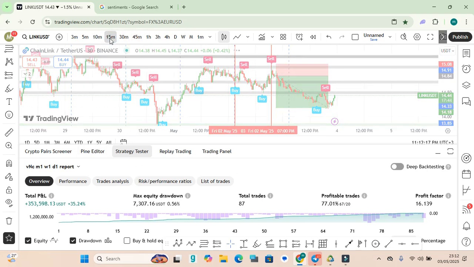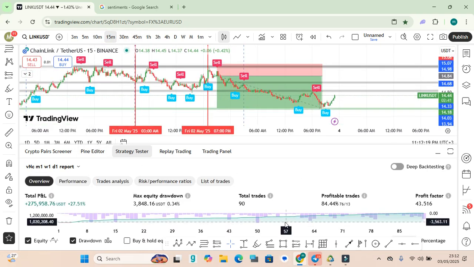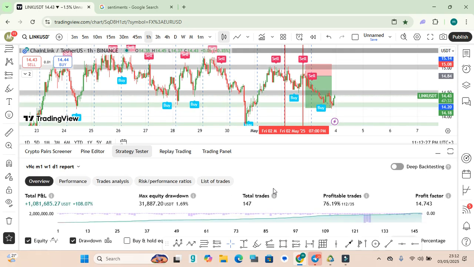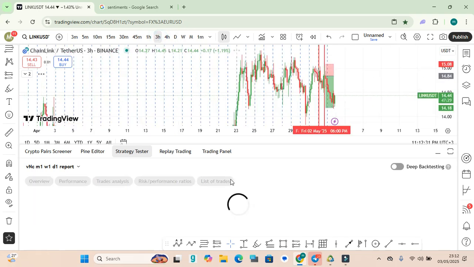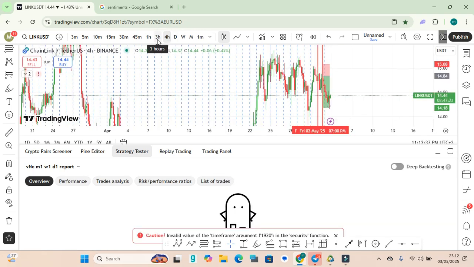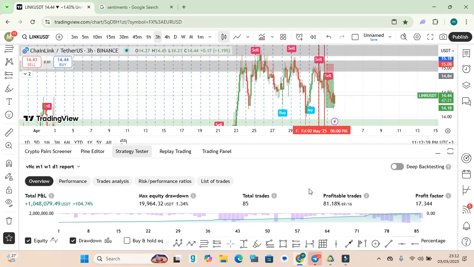So, guys, it is a good tool, a very serious tool. I want to show you something based on time frames. Looking at this, profit both trades 81%, total trades 85.